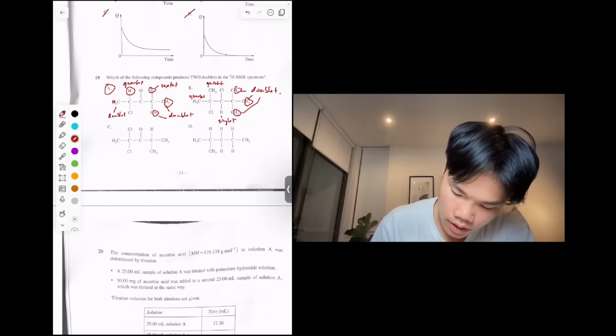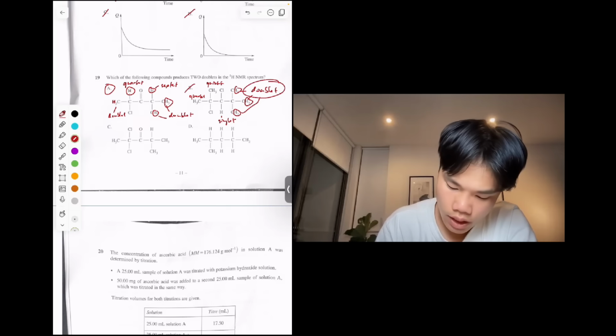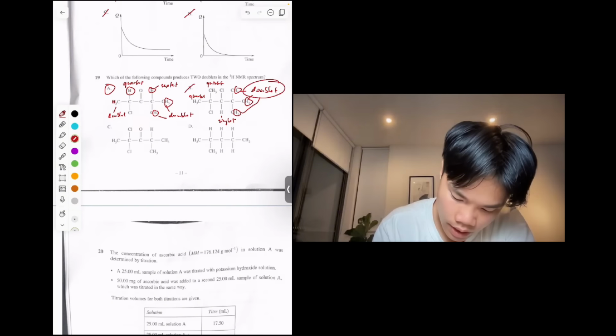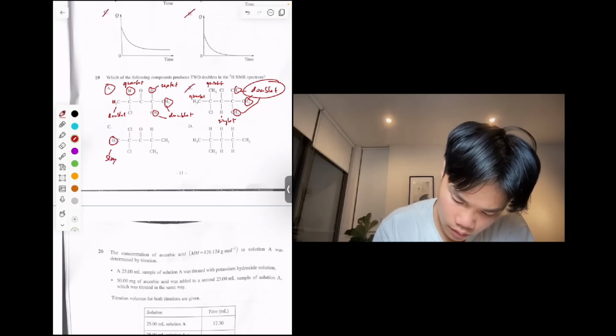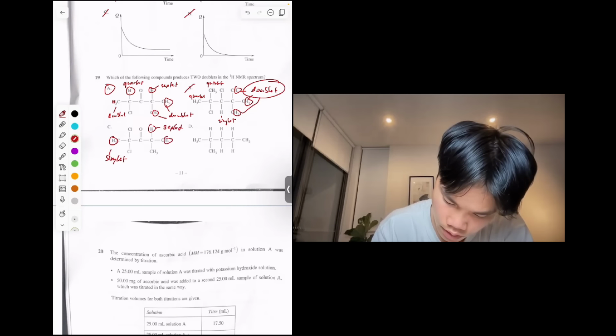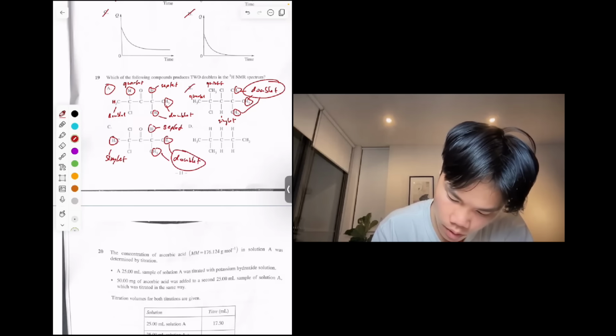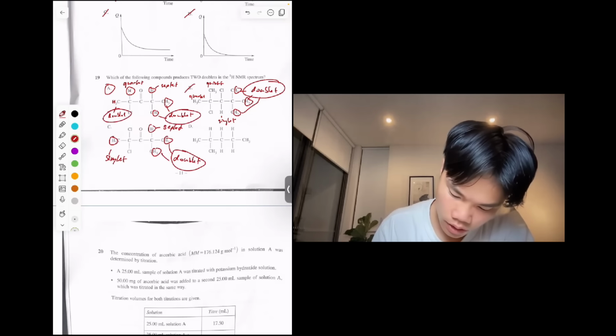For C, and so you can rule out B, you only have one doublet. For C, you would see a singlet, you would see a septet, and you would see a doublet. Once again, only one doublet, and I'll just circle these on A to make it clear you have two.